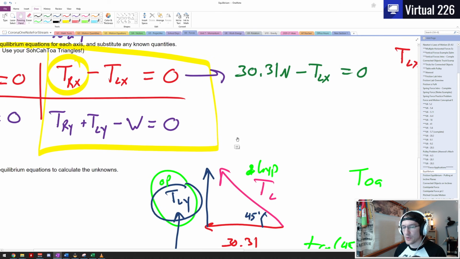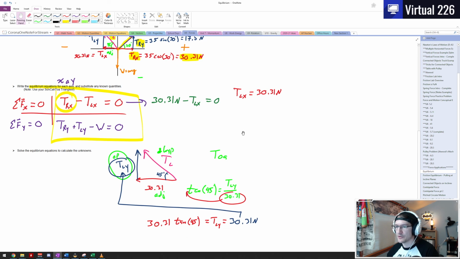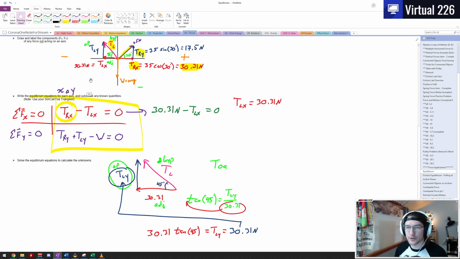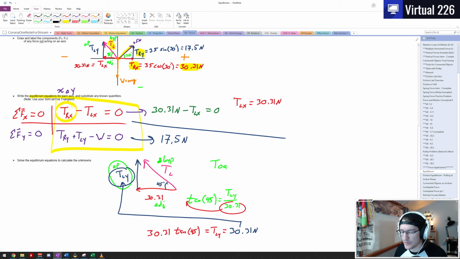Now, if we go back into our force equilibrium equations, do we know everything going up and down for the verticals? Well, we do. On the right, the Y component is 17.5, and it was positive because it's going up. So that's 17.5 newtons.